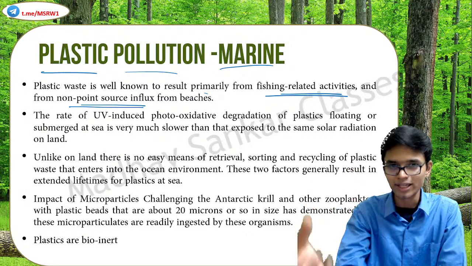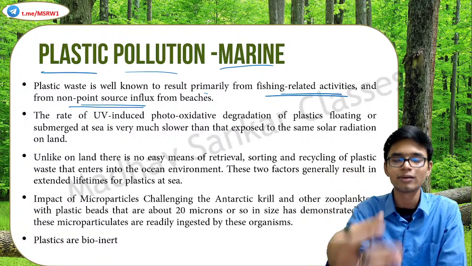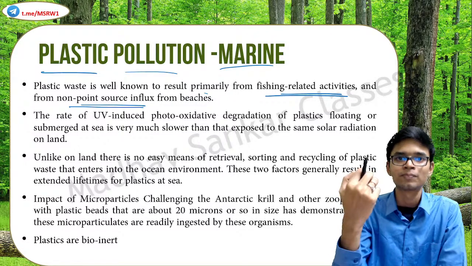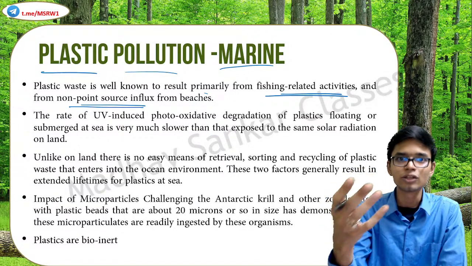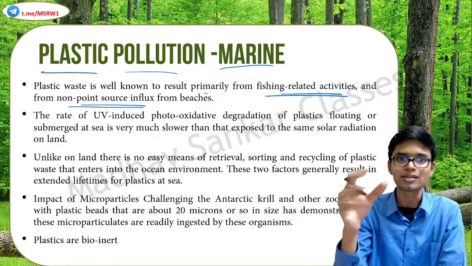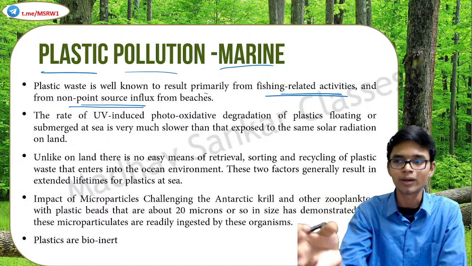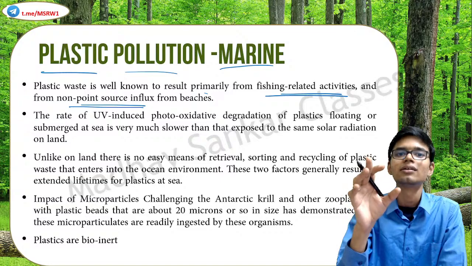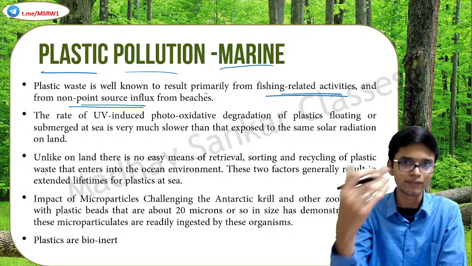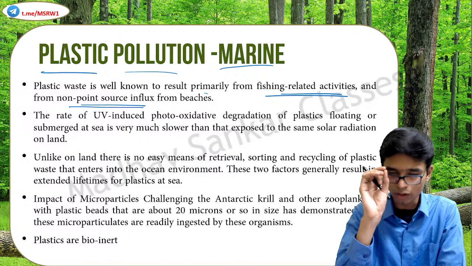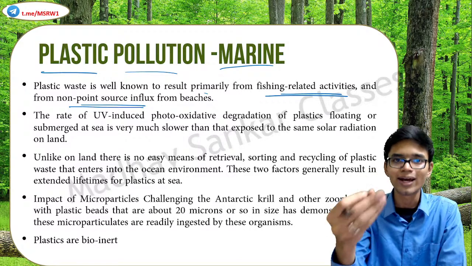A lot of endangered and aquatic organisms get trapped in these threads, nets. These nets are often thrown into the sea when you dump them, and a lot of animals and aquatic organisms get trapped in this and cannot get out. They will die.